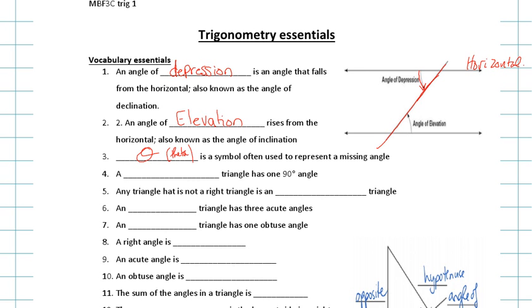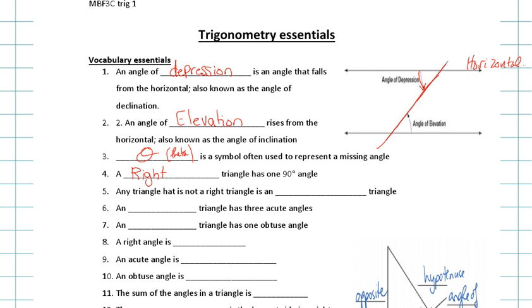What do we call the triangle that has a 90-degree angle? Right angle, that's right. So a right triangle has one 90-degree angle. Any triangle that is not a right triangle is called, do you guys know what the name of it is?